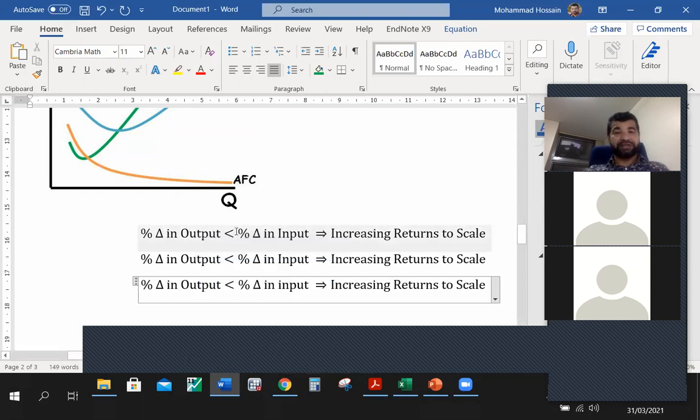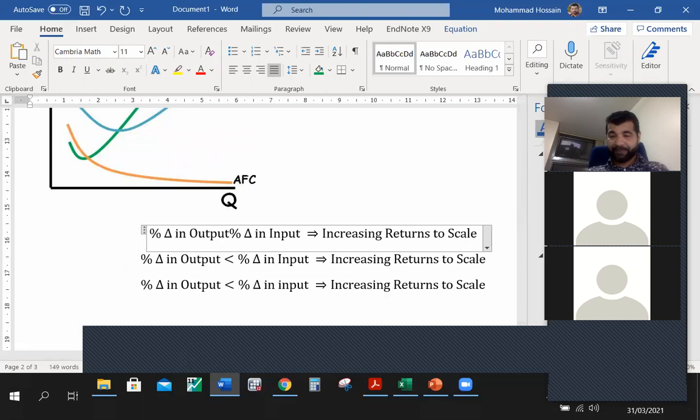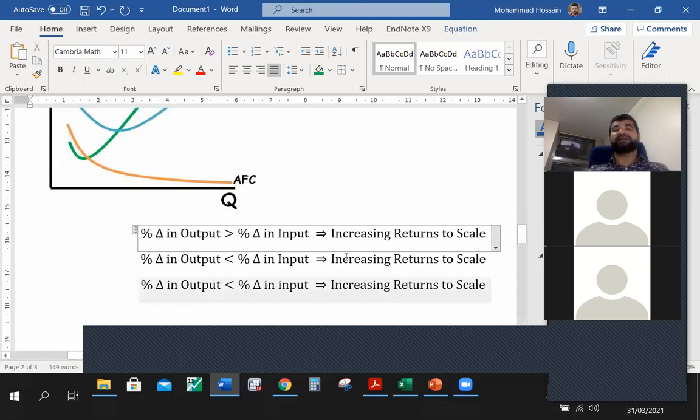So when the percentage change in output is greater than the percentage change in input, increasing returns to scale.